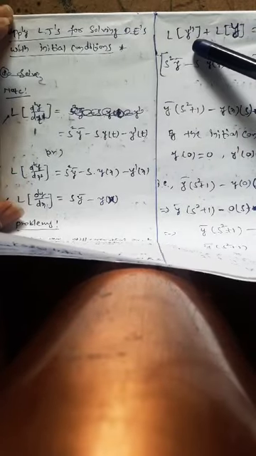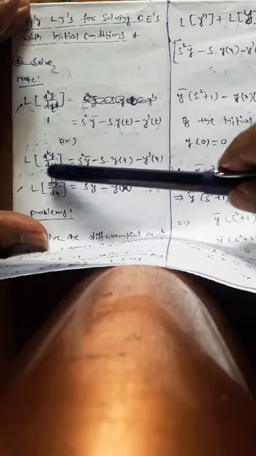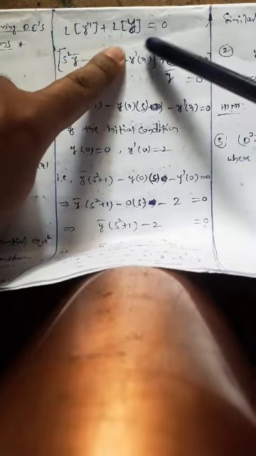Now we have the formulas: L of y double dash is s square y bar minus s y of x minus y dash of x, this is the second derivative of y, plus L of y, which can be written simply as y bar, equals 0.